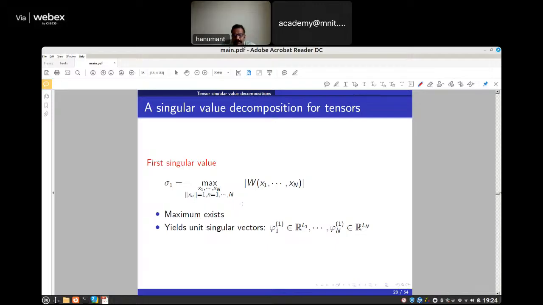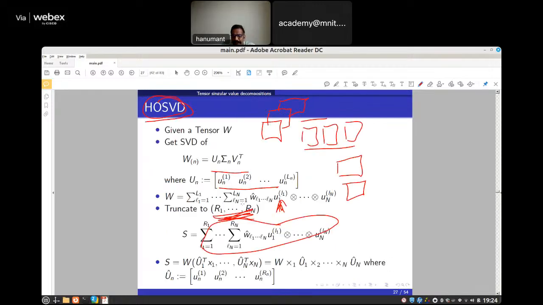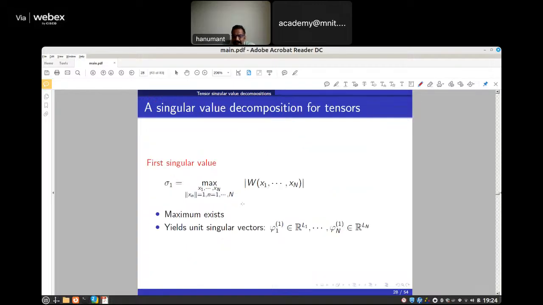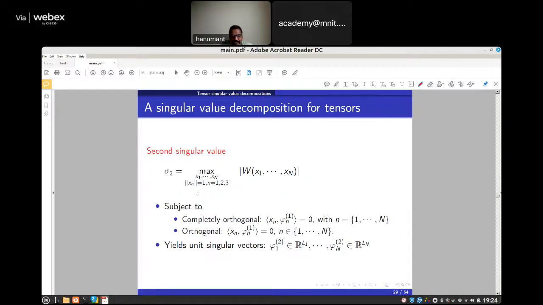Now there is some issue here, because there is no optimality, and at least for matrices we know that we can prove optimality. Another thing is that we can define singular values, and this is one way of defining them, equivalent to matrices. But then I have to find the next singular values, and there is a problem because I can go in three different directions. For example, the first singular value I got has some singular vectors x1, x2, x3.